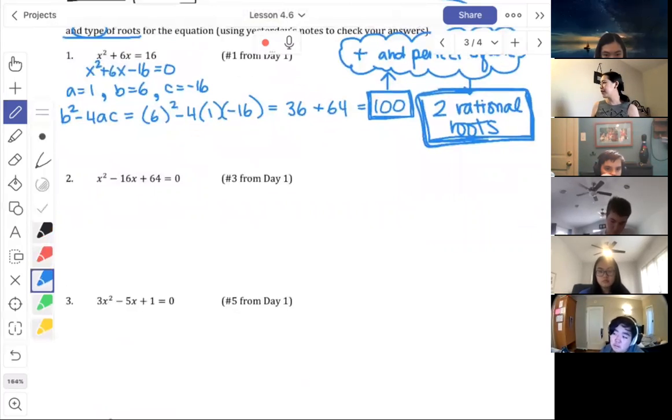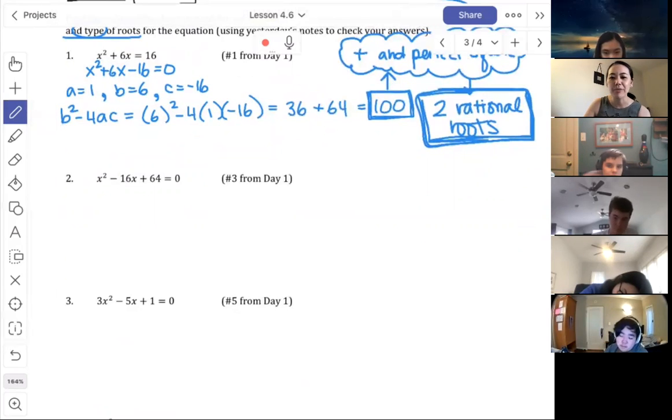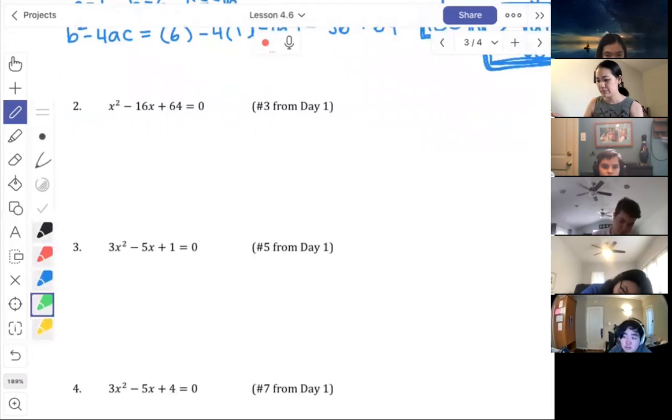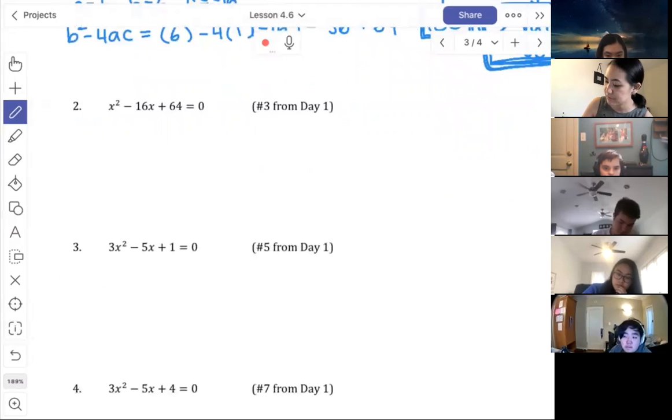All right, let's try number 2. I'm going to have you guys help me out now. So help me find the discriminant. Michael L, go ahead and help me find the discriminant for number 2. All right, so it's already in standard form. Perfect.